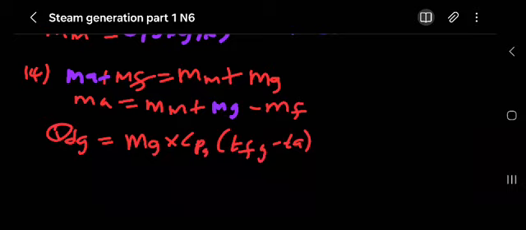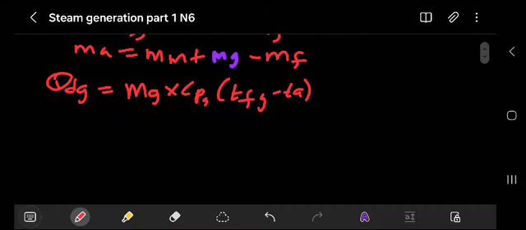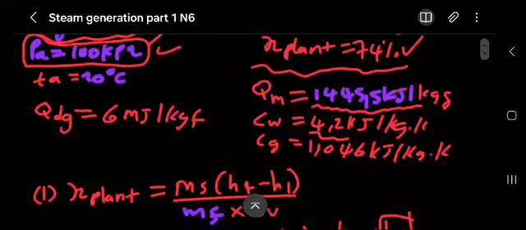We're given the heat of the dry gas, which will be the mass of the gas multiplied by specific capacity of the gas, right? Then here we'll have the change, TF of the gas minus TA. Remember, we were discussing the dry gas.